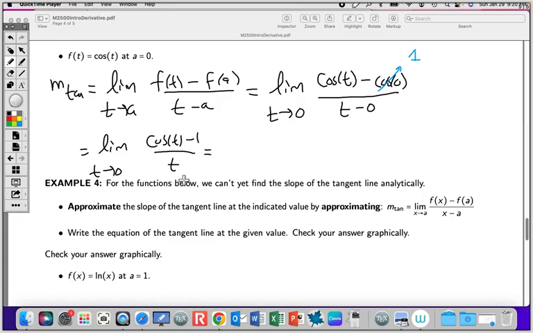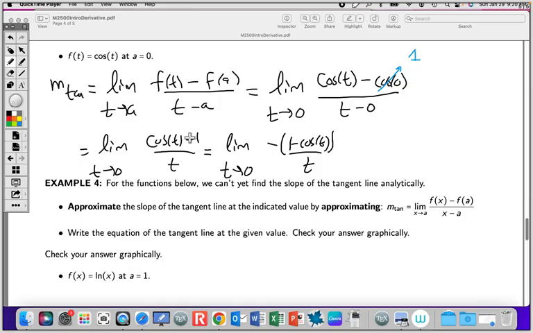And this is very close to a classic indeterminate trig limit that we had back in the last chapter. In the last chapter, though, we had 1 minus cosine t over t. That's all right. We can factor out a negative 1, like so.